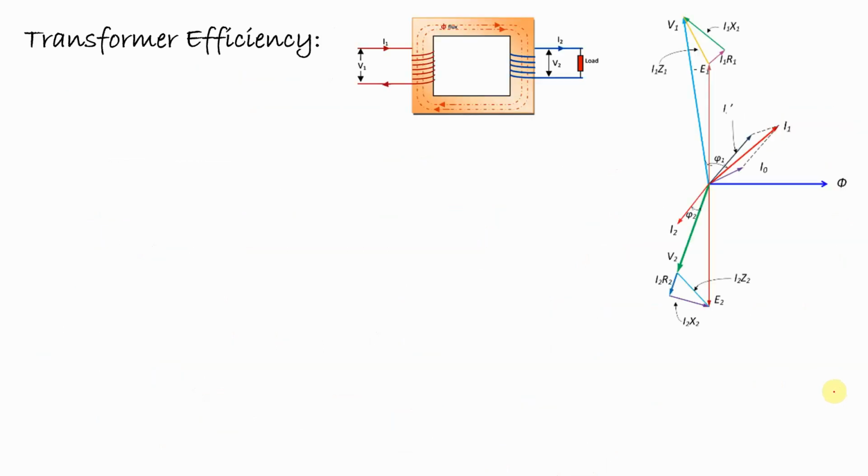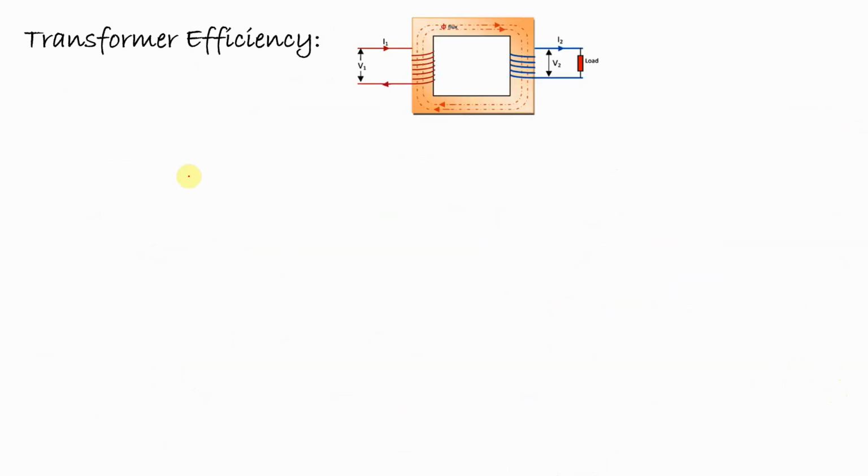In this way, we can consider P2 is the rated output power, that is V2 I2 cos phi. It is the rated output power.